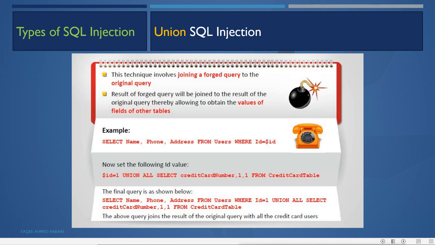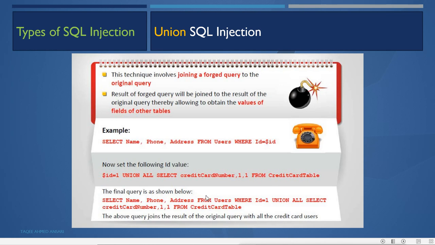For example, the query says select name, phone, address from users table where ID is equal to this. Now set the following ID value. It will set the ID value like this, and add union all select credit card number from credit card table.